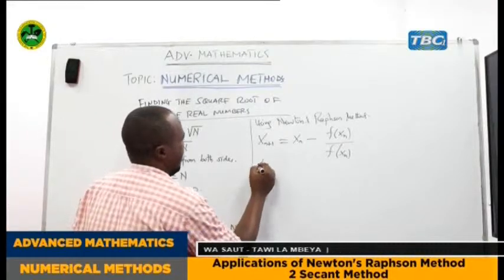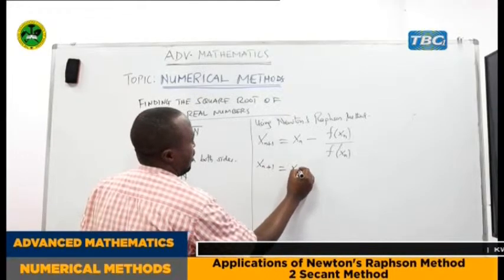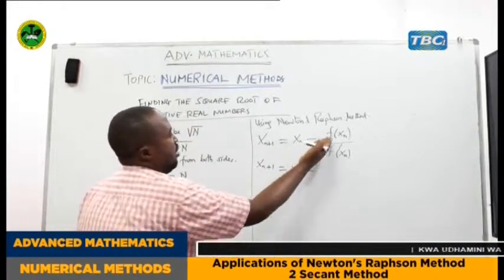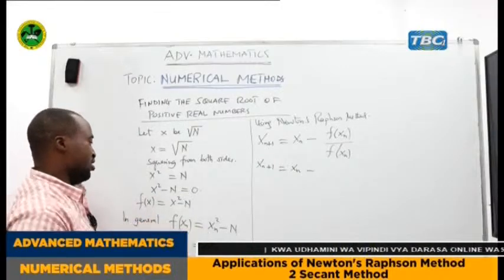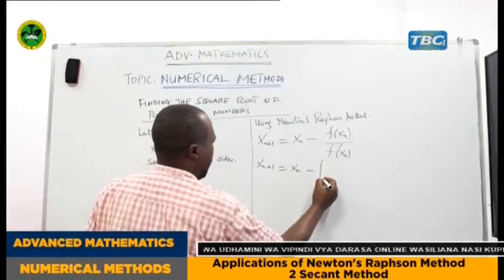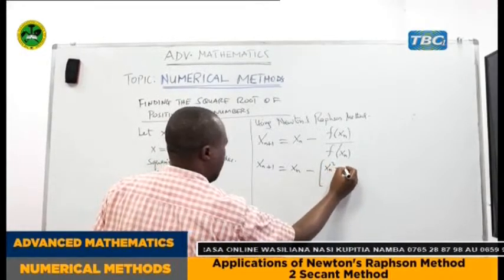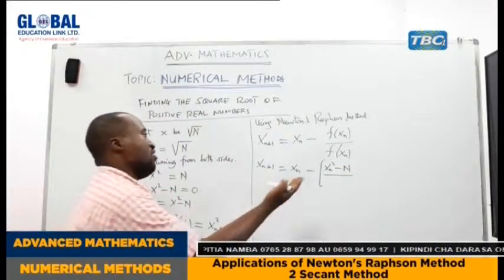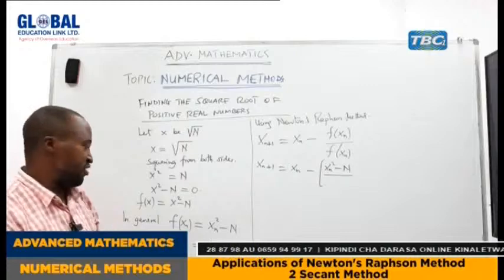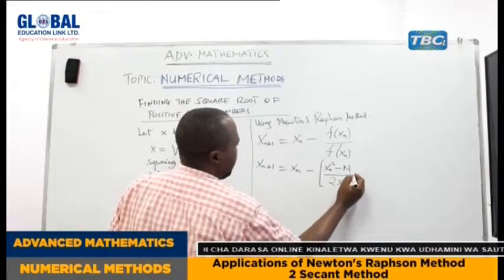Now xn plus 1 will be equal to xn minus, now f of xn is our function, that is bracket of xn squared minus n over, now here we have the derivative of our function, which is 2xn.